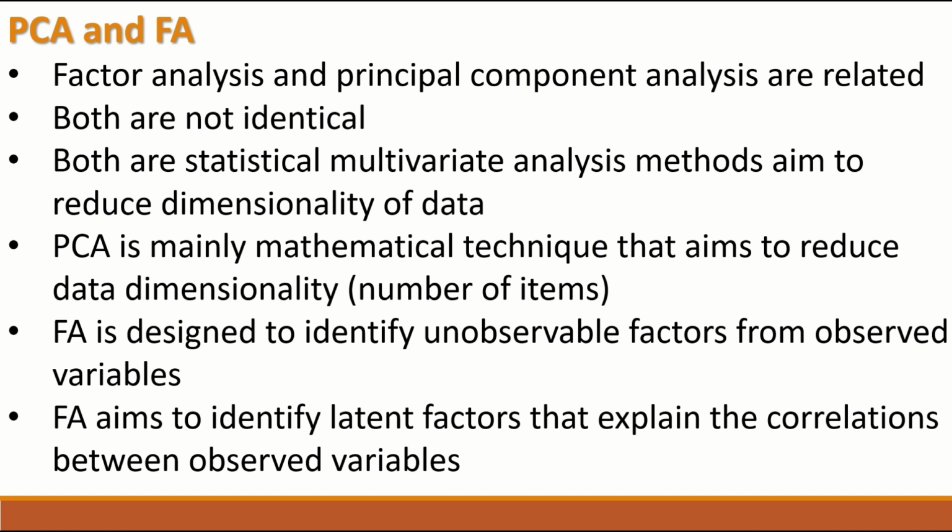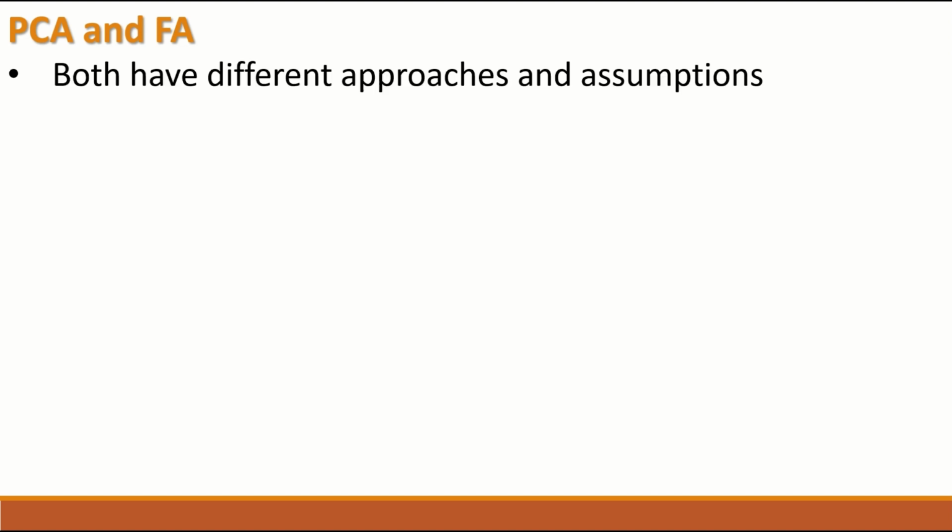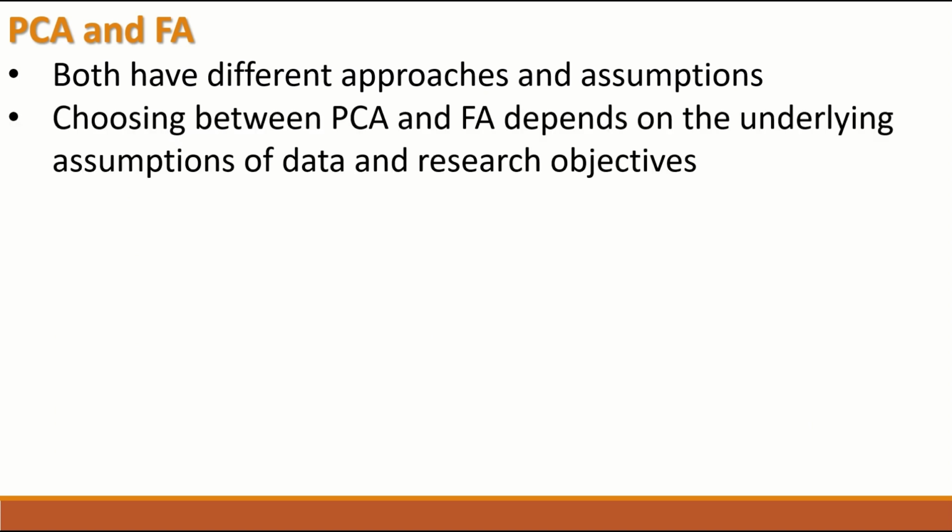PCA is a data reduction technique, to reduce the number of items. FA is designed to look for latent factors. So both have different approaches and assumptions. Choosing which one to use, whether PCA or FA, depends on the underlying assumptions of the data and the objective of the research study.